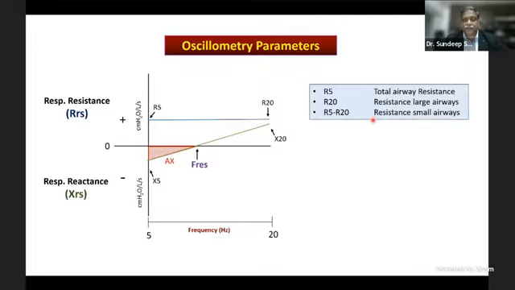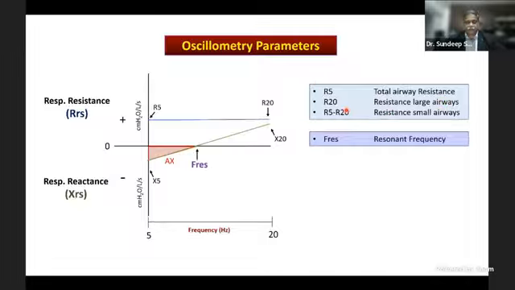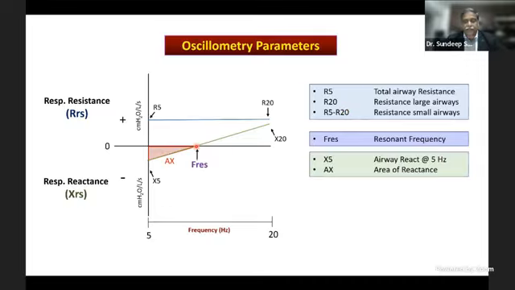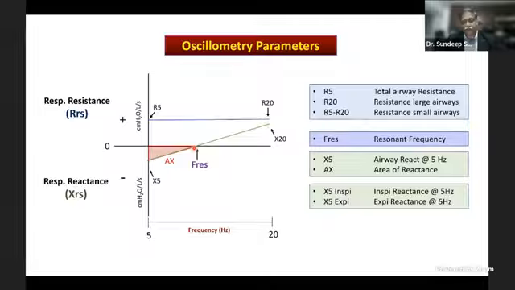So your resistance values tell you about 3 different components: total airway resistance, resistance in the large airways, and resistance in the small airways. Then you have the resonant frequency where the reactance is 0. Then you have the X5, which is the reactance at 5 hertz, a negative number. And then the area of reactance, which is a triangular portion.